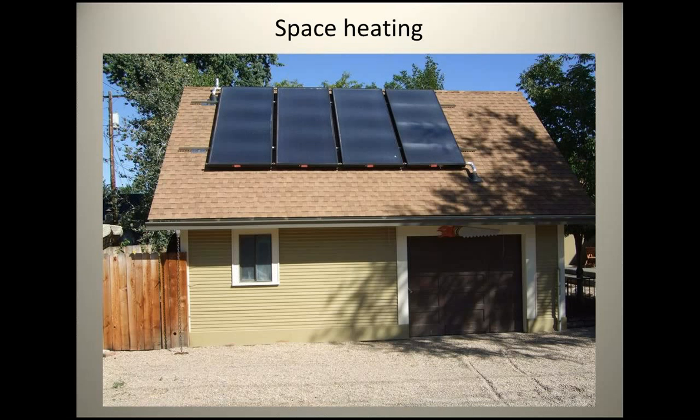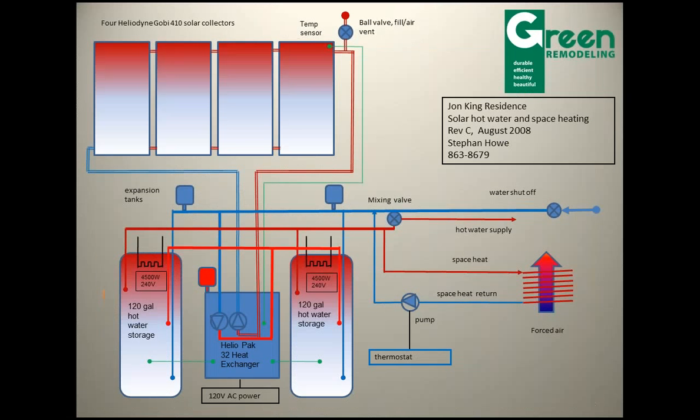Anyway, this was a space heating system, and the way this was set up was with four 4x10 collectors and two 120-gallon hot water storage tanks, in this packaged system from Heliodyne, with 4,500 watt, 240 volt heating elements in here.